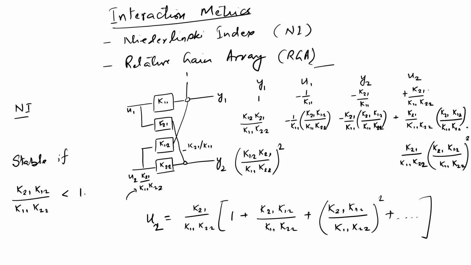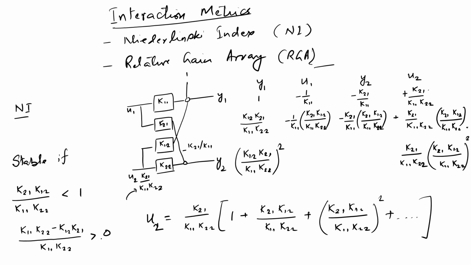Okay, what that means is (k11 k22 − k12 k21) / (k11 k22) is greater than 0.